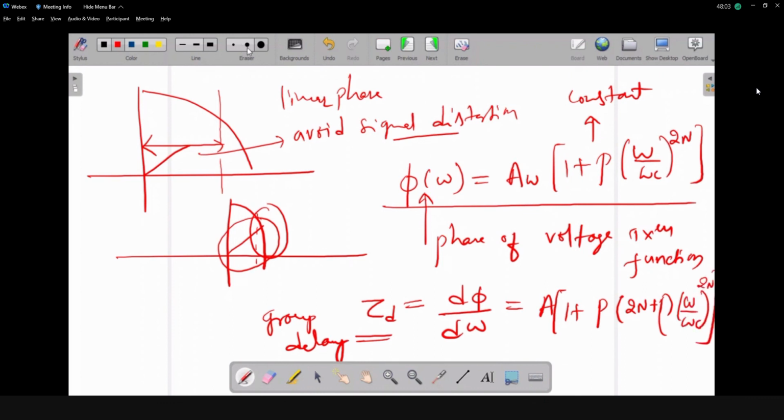That is the group delay value. So in the process of filter design, this is the linear phase filter, this is how the phase response varies with omega, and this is the expression for group delay.